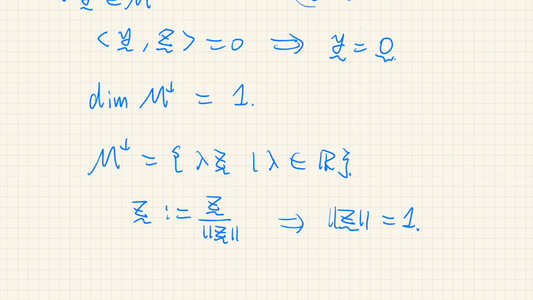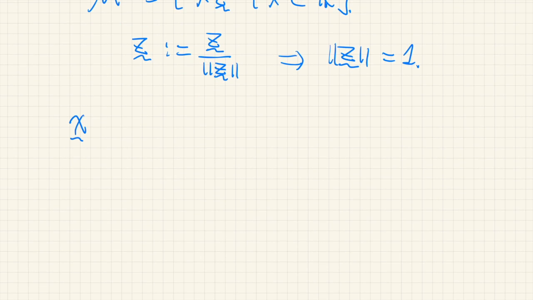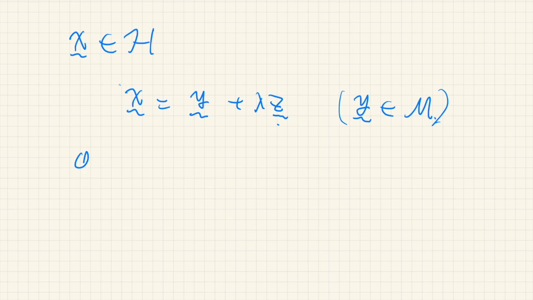Okay, so now for any element x in the Hilbert space, we can have an orthogonal decomposition. So x can be decomposed into y and lambda z, where in this case y is in M. Okay, and of course z is in M complement. Now let's calculate phi of x.